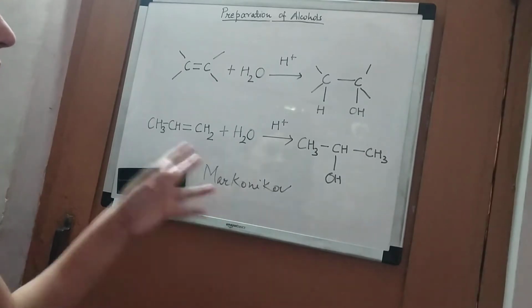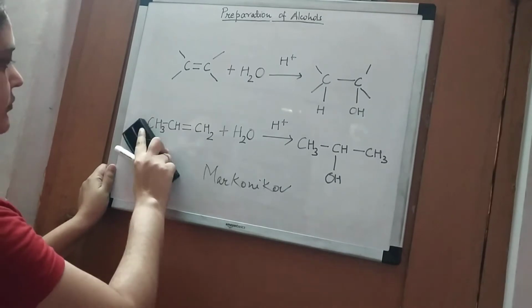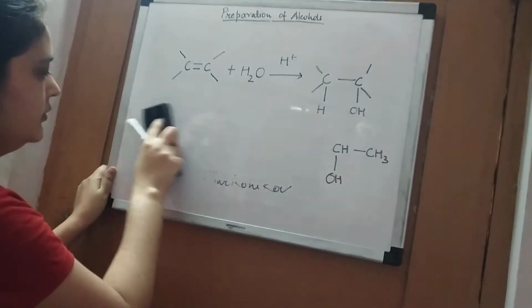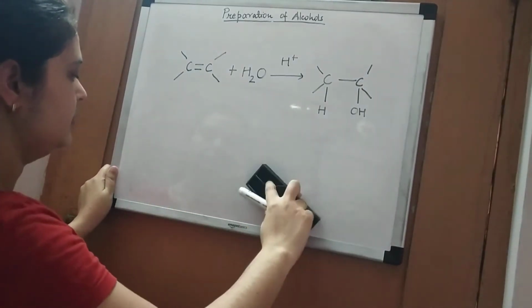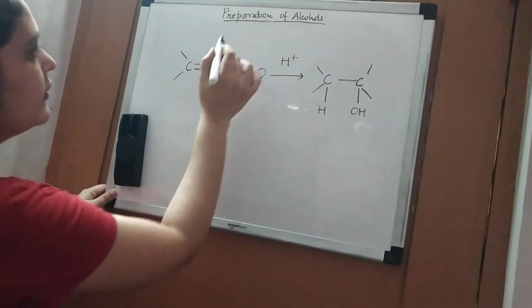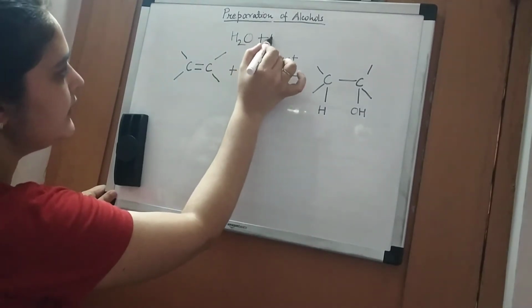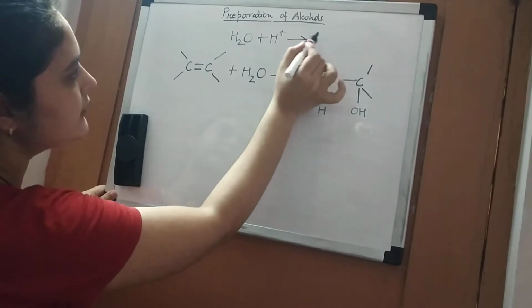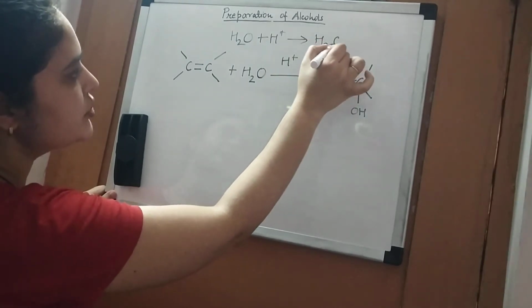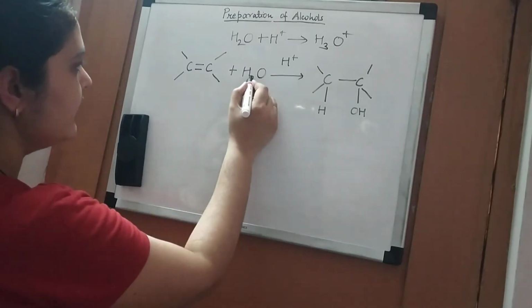Now what is the mechanism behind this? So we will see the mechanism now. First, this is the water molecule. When you add acid to it, we get H3O plus, the hydronium cation.